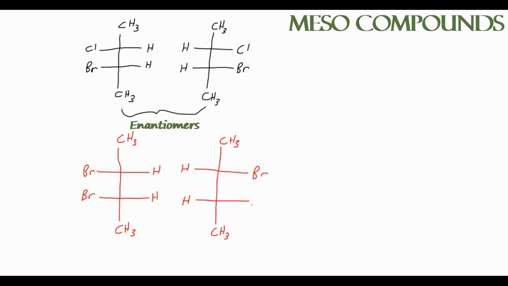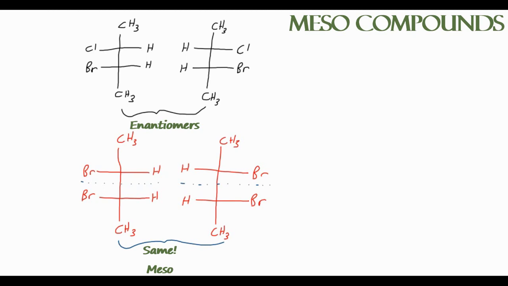If you rotate the first one by 180 degrees, you'll end up with the second Fischer projection. And again, if you remember from Fischer projections, 180-degree rotations result in the same molecule. So what's interesting is that these molecules are actually the same one, even though they are mirror images.